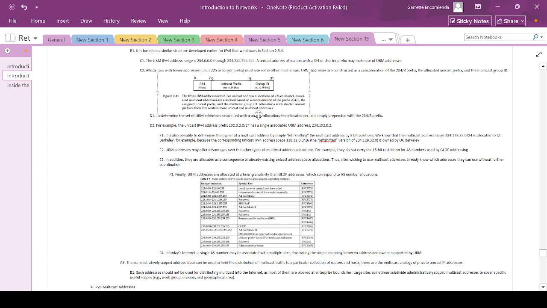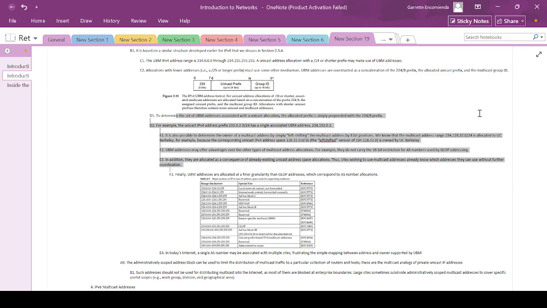So allocations with shorter unicast prefix therefore contain more unicast and multicast addresses. To determine the set of UBM addresses associated with the unicast allocation, the allocated prefix is simply prepended with the 234/8 prefix.